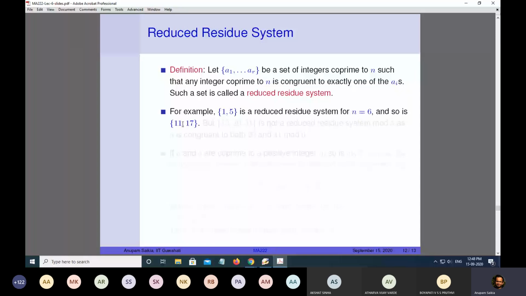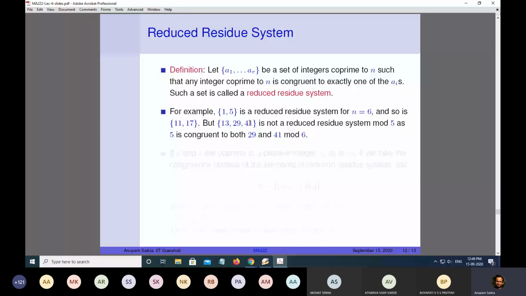It should be 19 here. This example has to be corrected, because 11 will be covering for 5, but 1 should be covered by 19. So it should be 11 and 19. That is also another reduced residue system. And this is not a reduced residue system modulo 5, because what is happening is it is covering 3, 4, and 1.